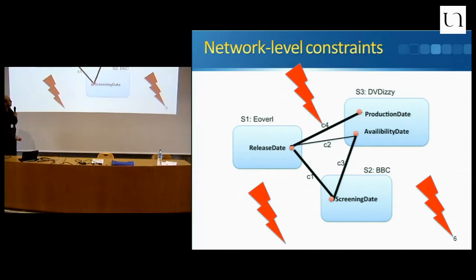One is what we call a circle constraint, and the other one, which you can say is also a network level constraint, is the one-to-one constraint. Maybe you want to have one-to-one correspondences between two schemas. This is also a network level constraint, but a very specific one which involves two nodes only. The circle constraint concerns the entire network, because it might concern several nodes.